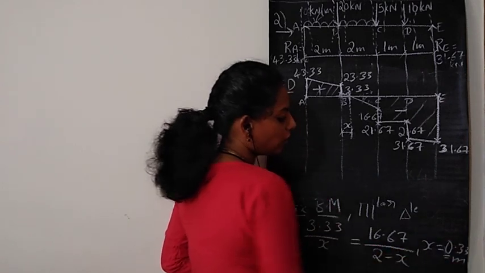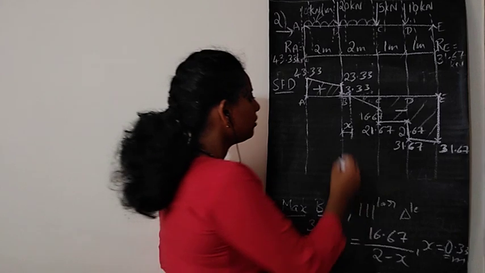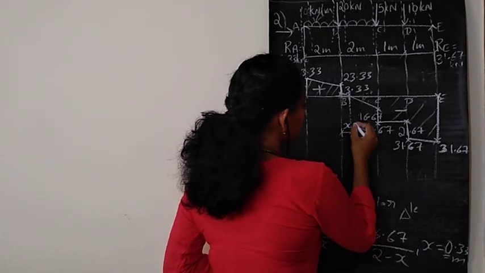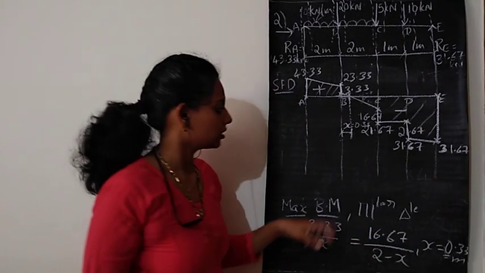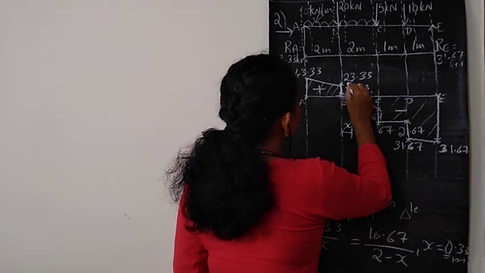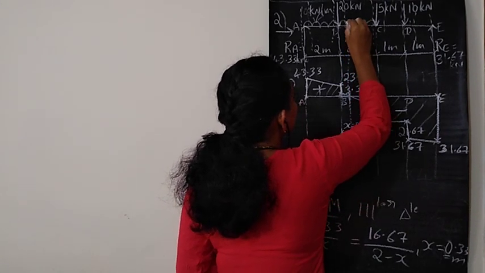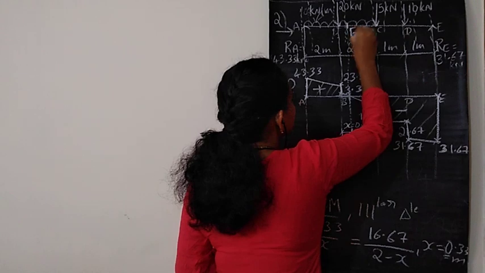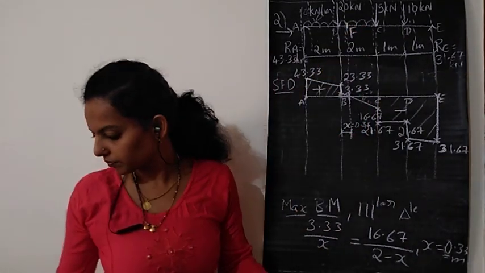Solve and get the value of x, that is 0.33 meter. Now at this point you have to find out the maximum bending moment. Okay. So for that case, just mark this point in your problem as F and find out bending moment at F.